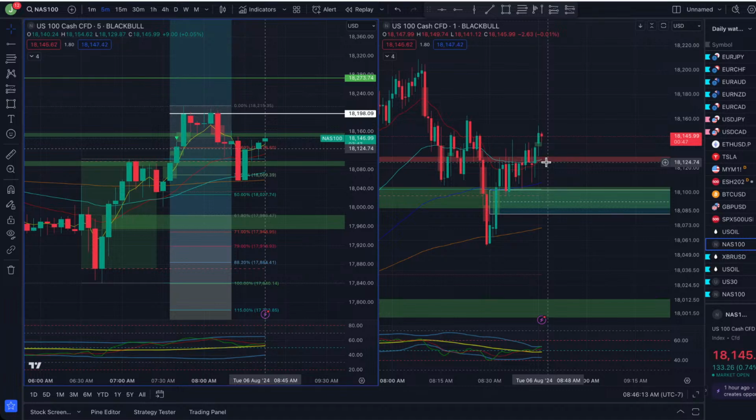Ideally, we want to see this push through now. Back at that fair value gap.